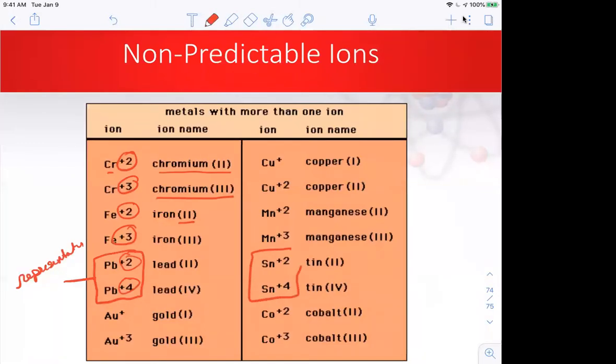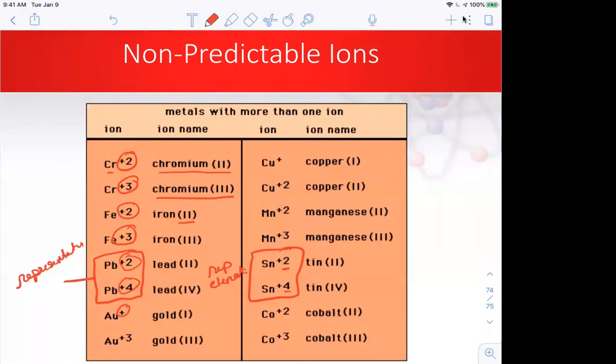Tin is also a representative element. Those are the ones I really have to pay attention to. They're not in the transition metal block, but they are in fact multivalent. Tin can lose 2 or 4 electrons. It can form a +2 tin or a +4 tin.